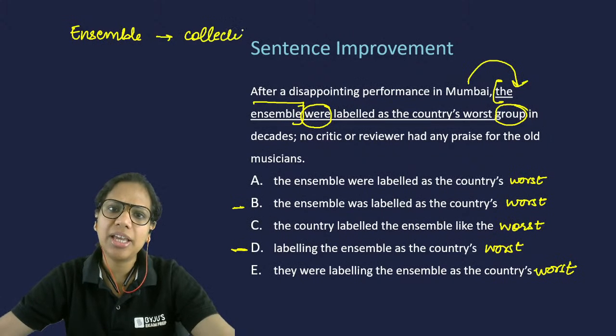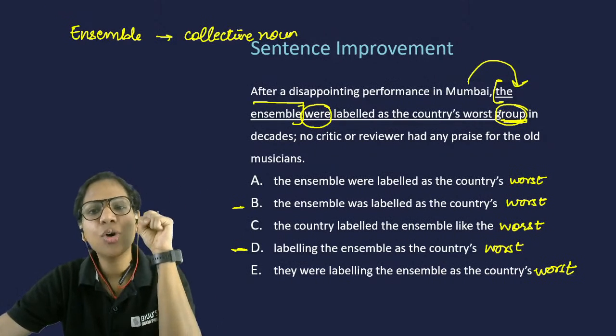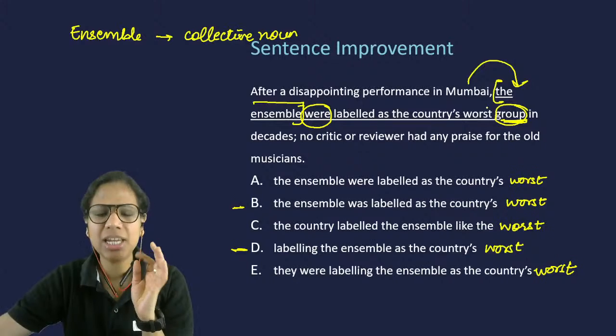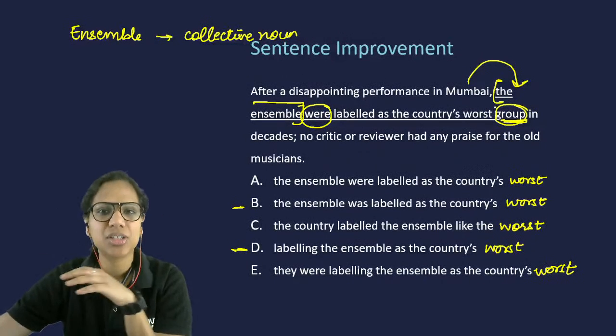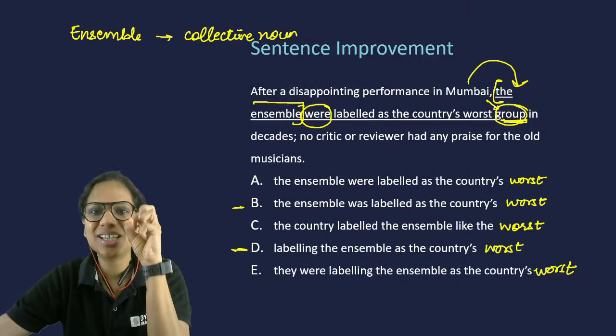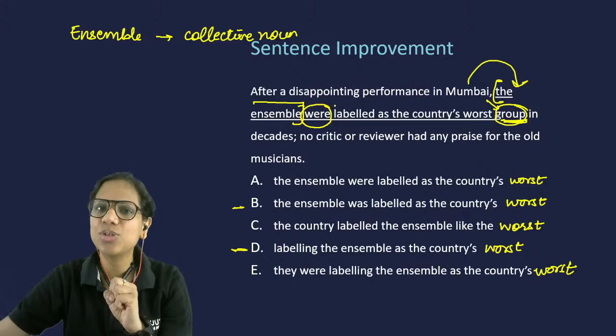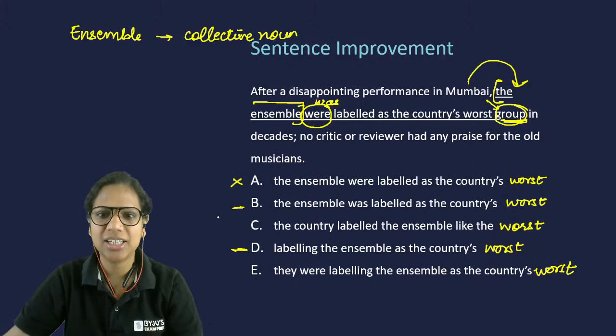Now, I am talking about it being labeled as the worst group. That means as a whole, it was labeled the worst, right? It's not that I picked one musician or two musicians and I said, oh, they are bad, the others are fine. I didn't do that, right? So when it is being treated as one entity, I can't use were here. I have to use was here. So this is the error in A.